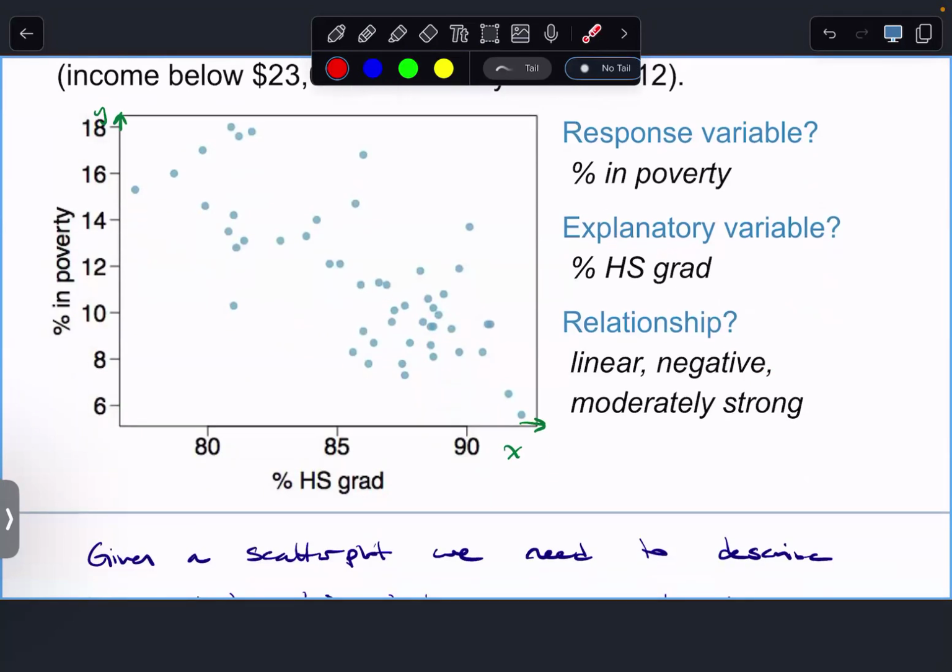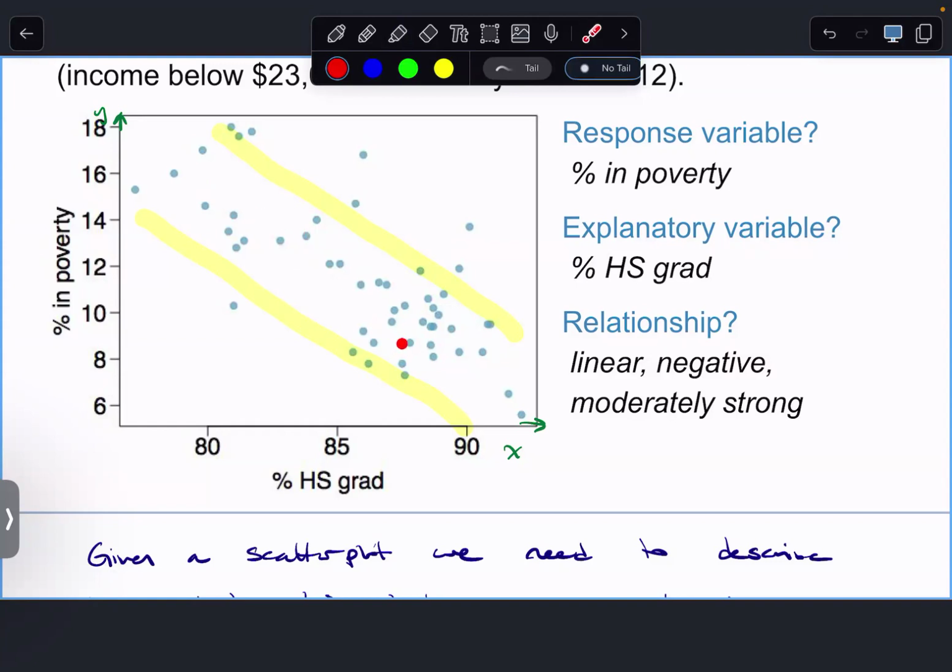What's the relationship? Well, if I kind of squint, the key is to squint here. I see this general relationship here. I wouldn't describe it as anything but a straight line, and you don't want to be too picky here. You want to see a straight line. And so here I would describe it as linear.